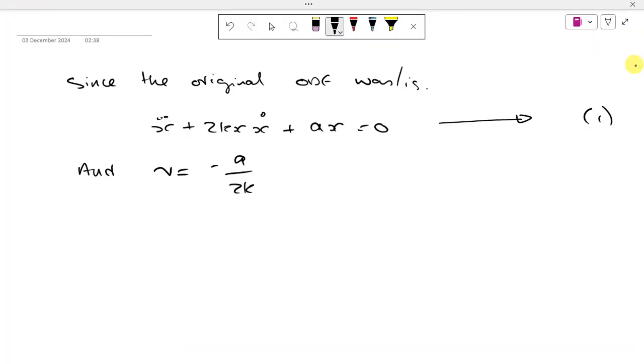So since we know that v equals x dot, and we'll rewrite that now as dx by dt, then x dot is equal to minus a over 2k.